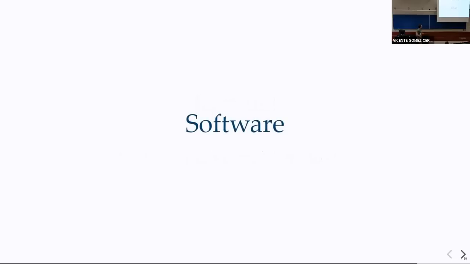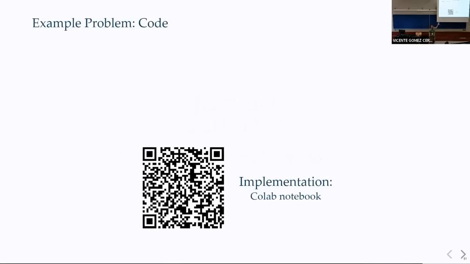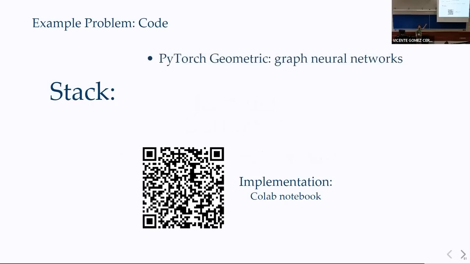Finally, I want to very briefly go through the software part. First of all, there is the QR code for the implementation of the experiments at the very beginning, and there will also be a QR code at the very end of the slides, so you don't have to do this right now. The stack that I used to implement this was PyTorch Geometric for graph neural networks.